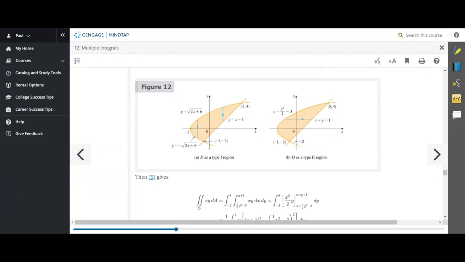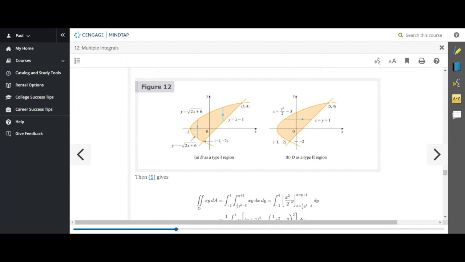Which is easier, type 1 or type 2 region for this double integral? In figure 12a, a type 1 region, we're integrating with respect to y first and then x. Jimmy and IB, you're right. The type 2 region on the right, we're integrating with respect to x first and then y.